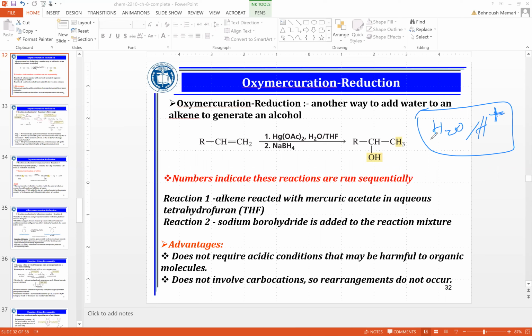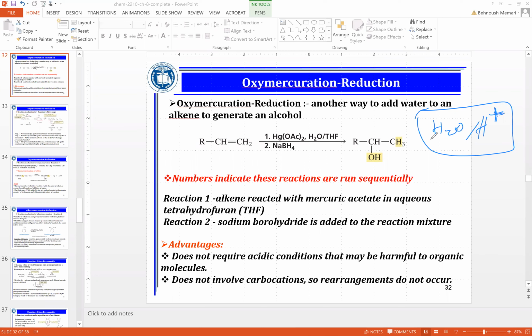Any disadvantage if you have direct hydration? In direct hydration, a carbocation forms. And since a carbocation forms, there would be a chance for rearrangement. So if there is a chance for rearrangement, that is a problem.